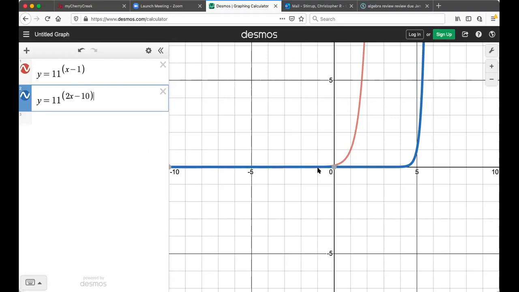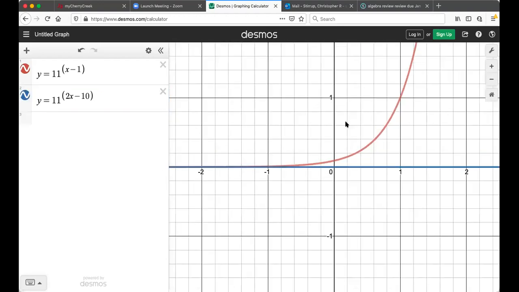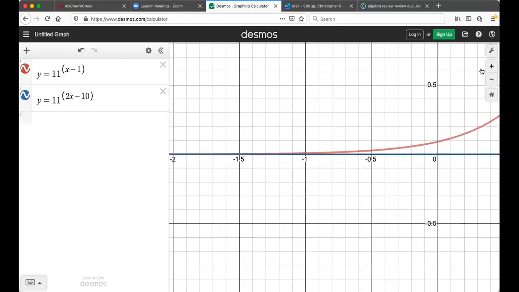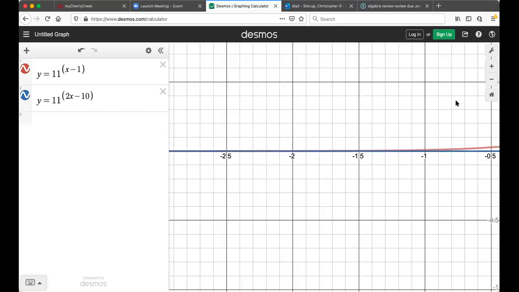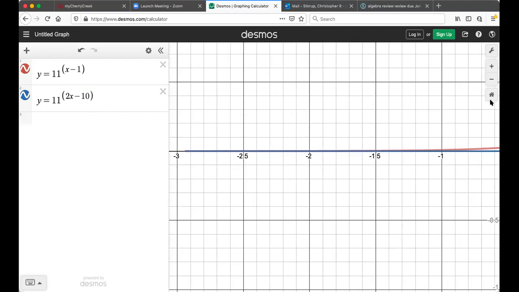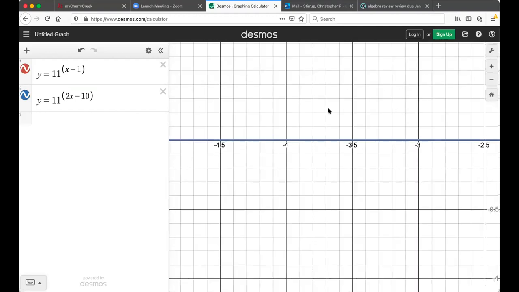And then what we're looking for is where they cross each other. It's kind of hard to see where they cross, so we're going to start zooming in with Desmos. It looks like the red is just above it here.